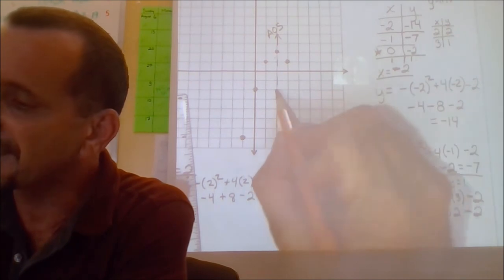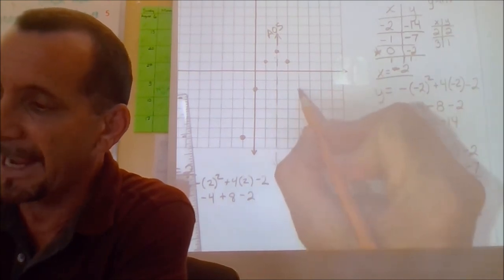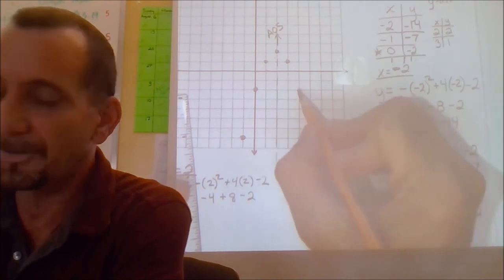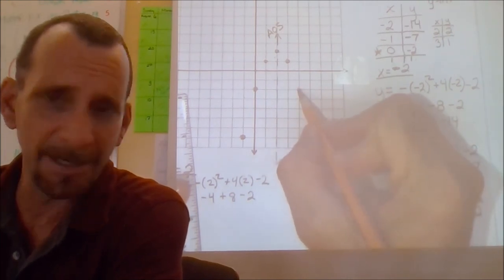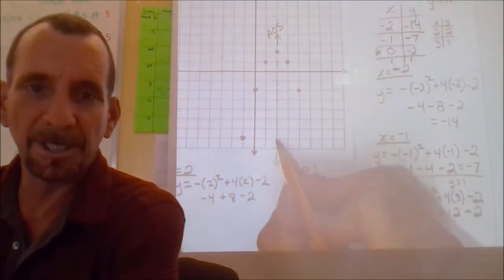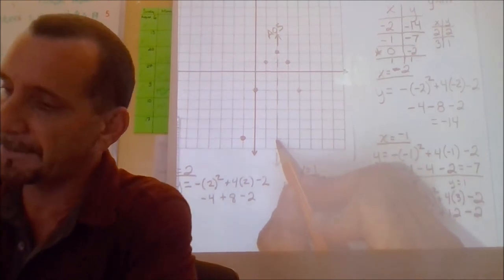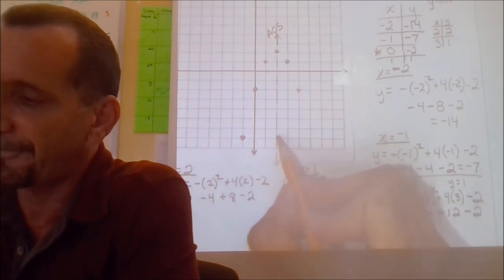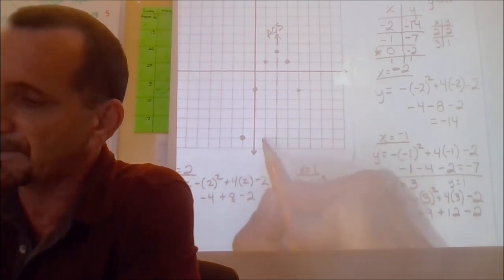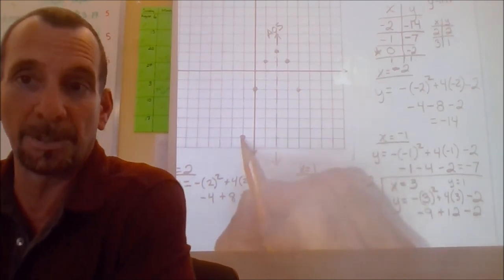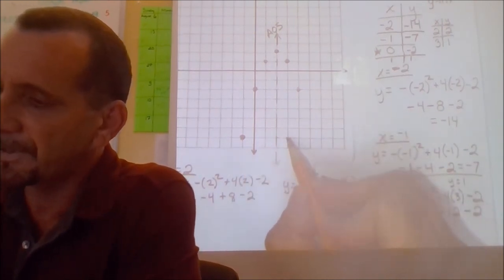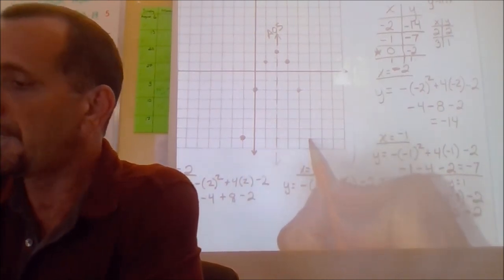And we can go the same distance from the axis of symmetry, 2 units, to get this next point on the other side. And we can come on down here to this lower point, and we can say, well, this point on the left of the axis of symmetry is 1, 2, 3 units from the axis of symmetry. And we can go the other direction, 1, 2, 3 units.